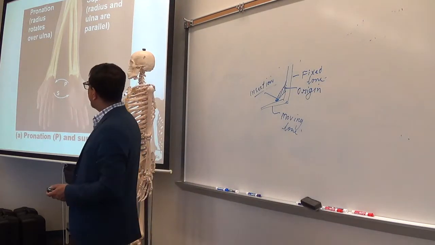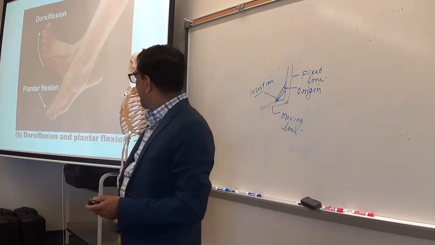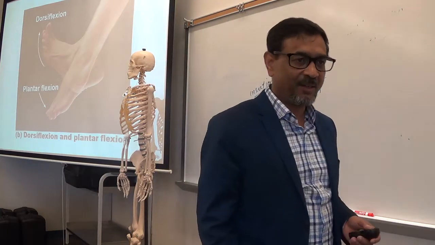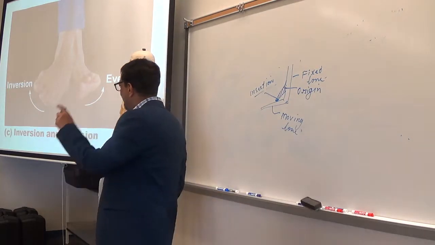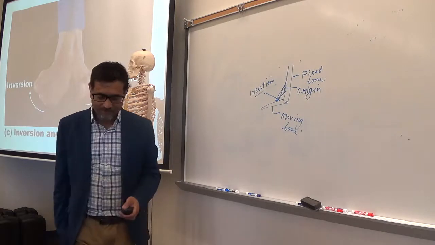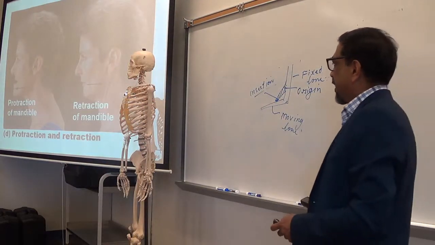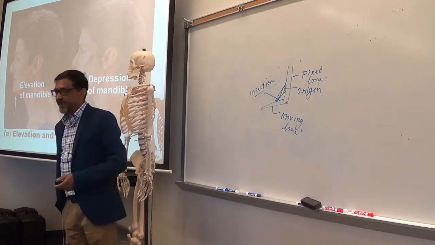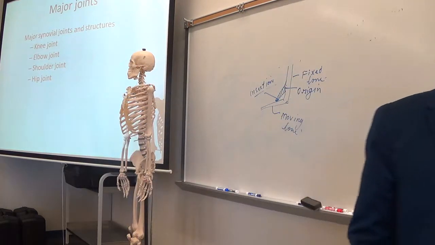In supination, they go back side by side. Dorsiflexion, plantar flexion, standing on the heel, standing on the toes. Inversion, the toe is up, moving like this, inwards, and eversion is the opposite. Protraction, retraction, elevation, depression. Make sense? Okay, so those are different types of movements.